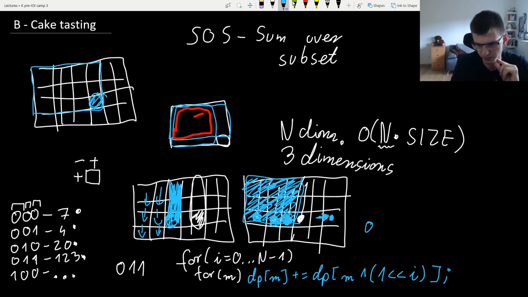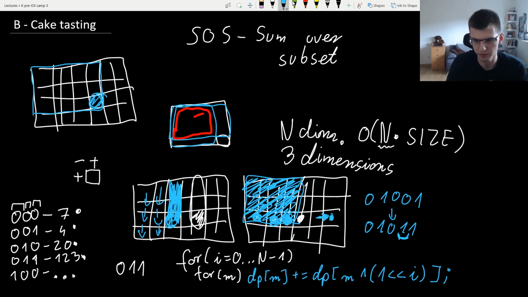Then, for example, if we have a mask like that and i is here, then you want to take the sum from dp of this mask. This way, for a cell, you take the sum from the previous cell in this dimension. So this for loop is only over m that has the ith bit on. This is the whole sum over subset implementation.